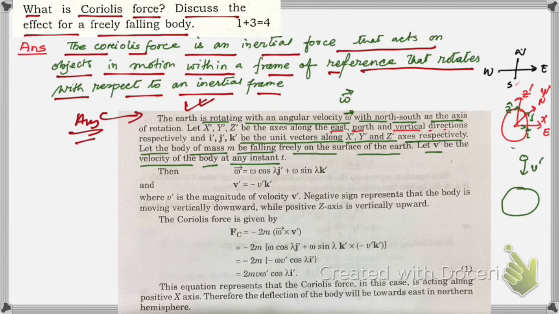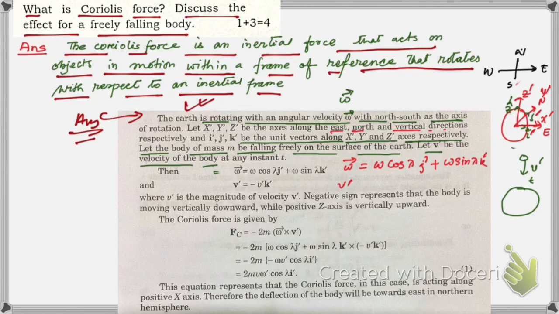So now this angular velocity omega vector will be equal to omega cos lambda j dash plus omega sine lambda k dash. These are the unit vectors. So let me write this one properly: omega equals omega cos lambda j dash plus omega sine lambda k dash.